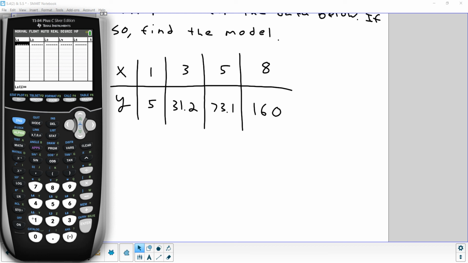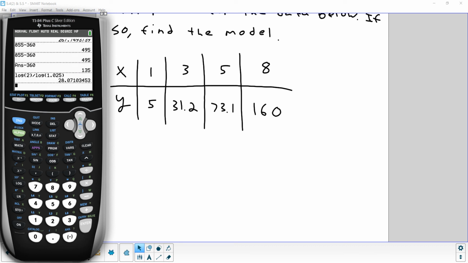All right, so let's put in 1, 3, 5, 8, and then go over to column 2, put in your y values. So we've got 5, 31.2, 73.1, and 160. Any questions on typing those in?